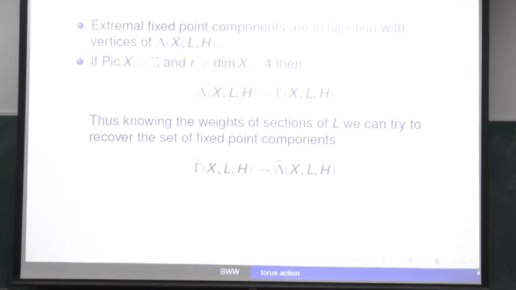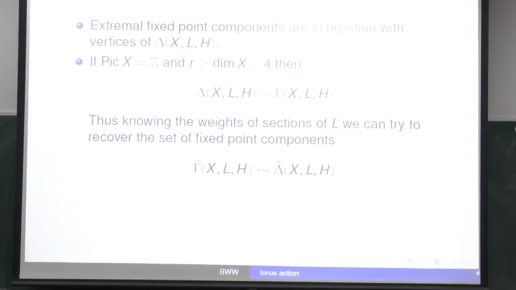Okay. Now we pass to the case when the rank is higher than 1, and you are good. Namely, the vertices are potential sources or sinks for the one-dimensional group action. So they have very good properties.